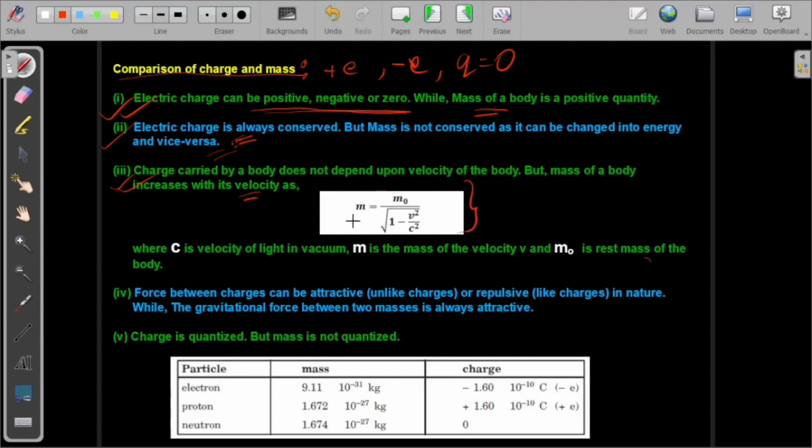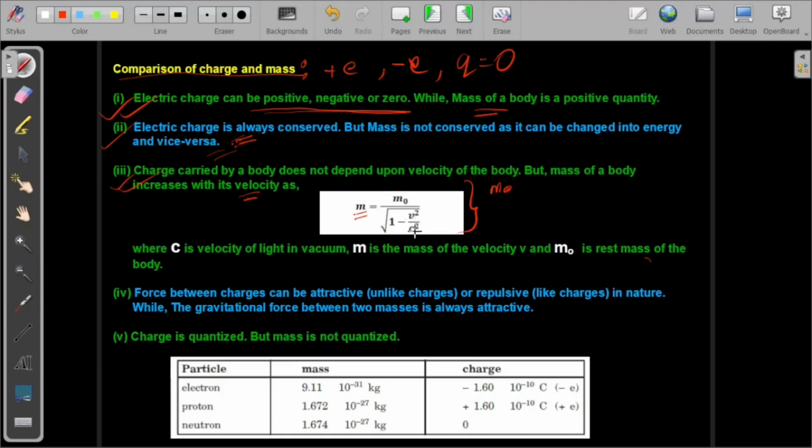You'll get this relation. Look at this. v is the velocity of the body, and m naught is the mass of the body at rest. When the body is at rest, its mass is m naught. When the body is moving, it will have this amount of mass. If the velocity increases, what will happen?